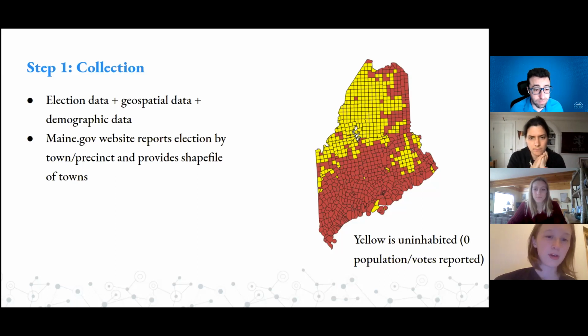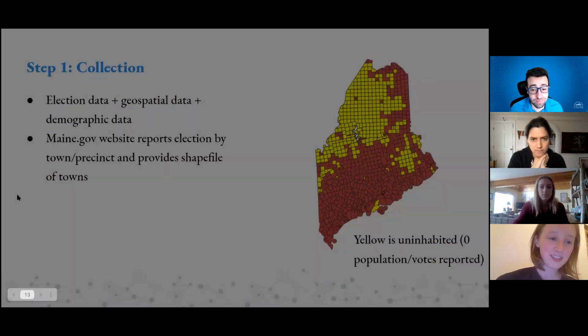I'll talk a little bit more later about the small discrepancies we ran into, but for the most part, this was taken care of by the fact that towns and precincts are essentially the same. And as you can see in the picture to the right, the state of Maine is quite uninhabited, and that caused a few issues that I'll talk about later on.